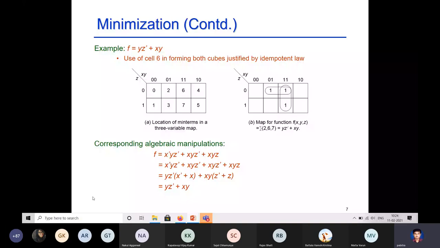In fact, I can extend it beyond 4 variables. I can make a 5 variable Karnaugh map also. So 5 variables means there will be 32 cells. This 4 by 4 block will repeat the same way.